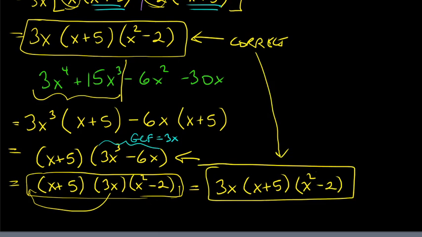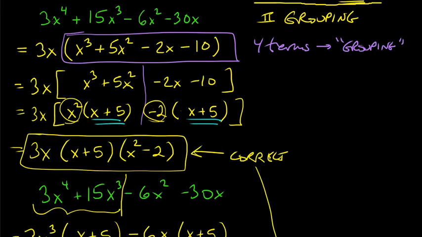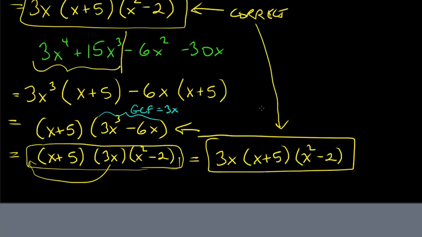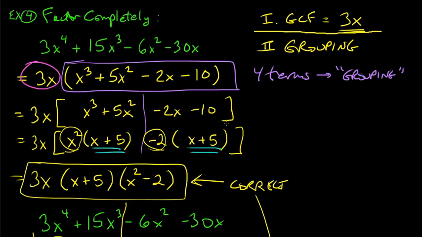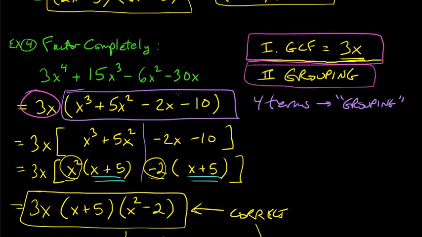So if you don't factor out the GCF first, like we did over here, you're going to end up having to do it later over here. That's okay, but as a general rule, it's really better if you factor out the GCF as your first step, and then do the grouping as your second step.